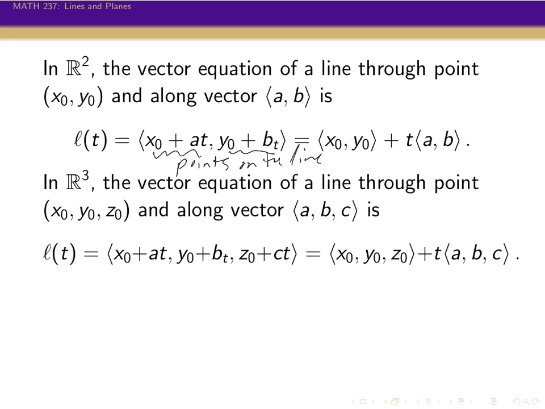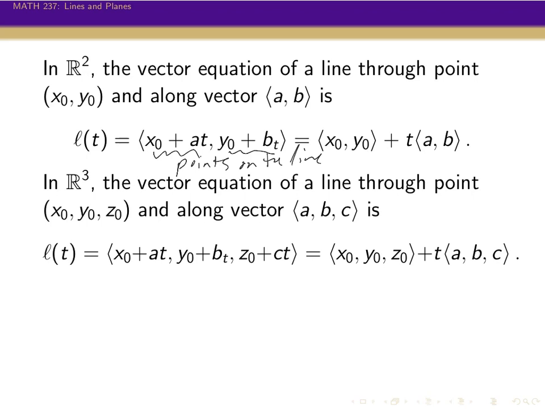It doesn't change a thing. And get ourselves a vector equation for a line through, now it's a point in 3 space, so it has 3 coordinates, along a vector with 3 components, and we get the exact same idea. So lines in 2 space and 3 space are really pretty straightforward.